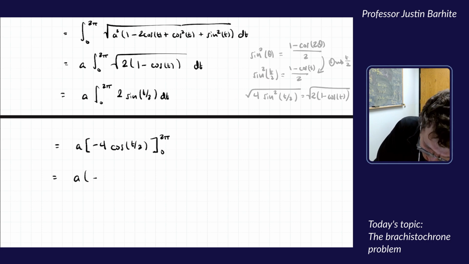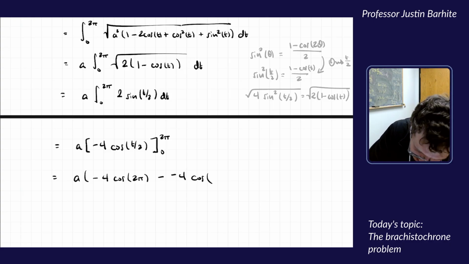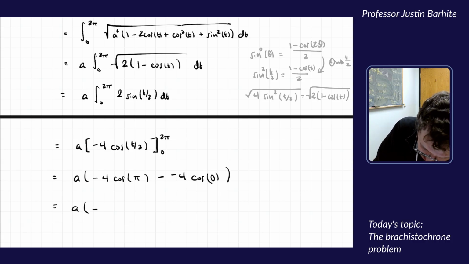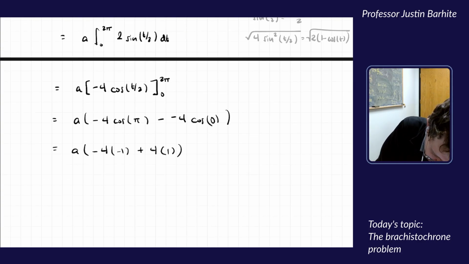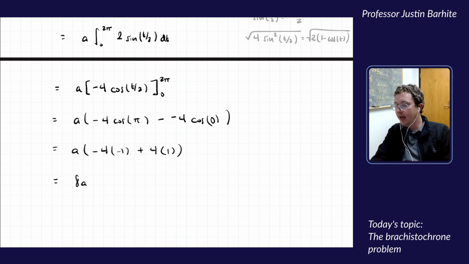So it's a times minus 4 cosine of, oh, sorry, it's not 2 pi because it's t over 2. So when I plug in 2 pi for that t, I just get pi. Cosine of pi is negative 1. Cosine of 0 is 1. So I get a times 4 plus 4, which is 8.